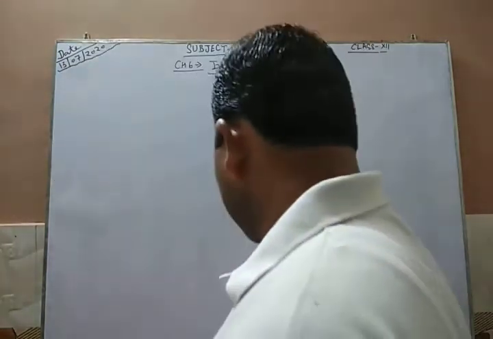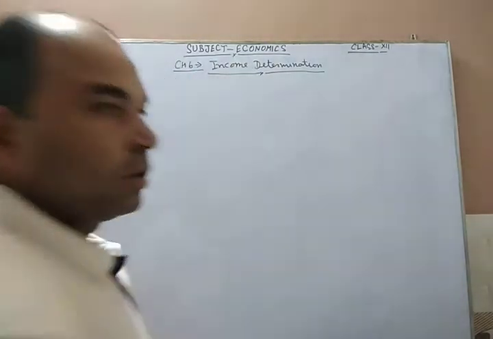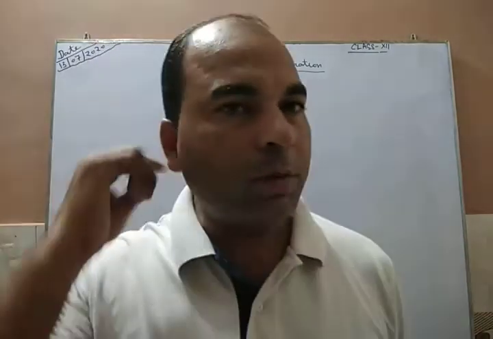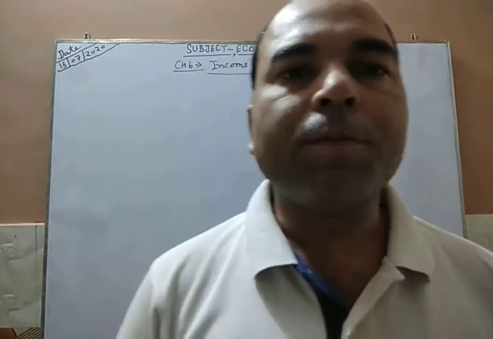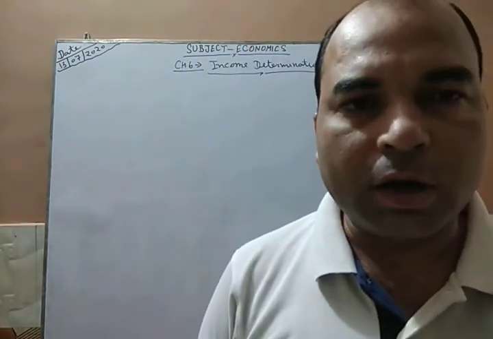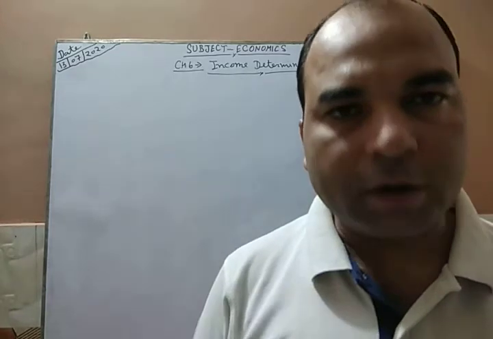In this chapter we have discussed what we mean by aggregate demand. Students, aggregate demand refers to the total quantity or total expenditure of the whole household sector, the whole sector of the economy.